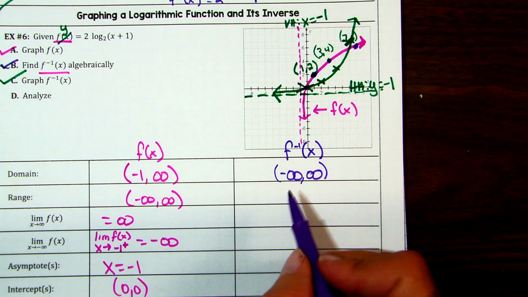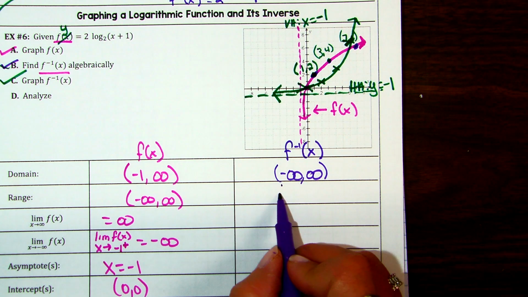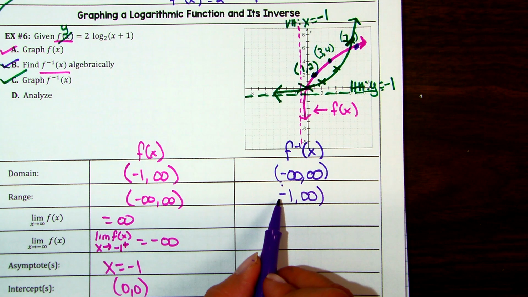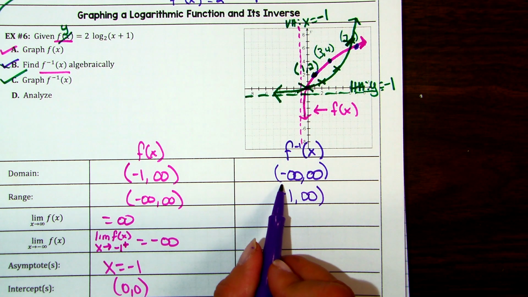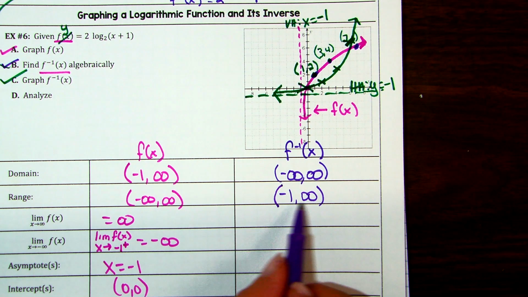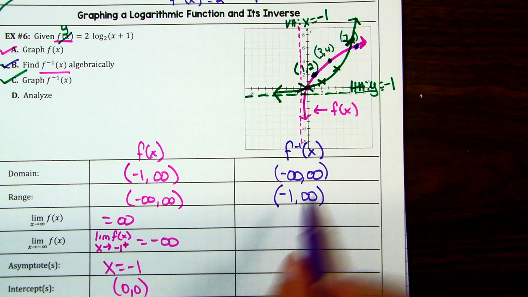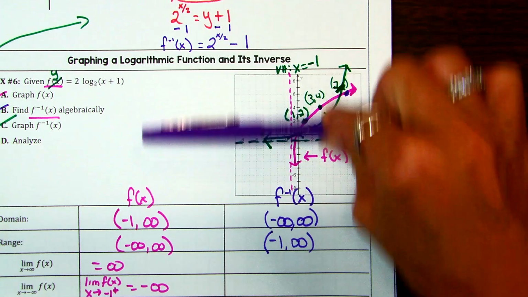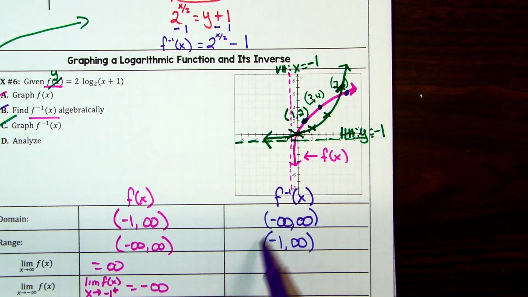Zach said -1 to infinity. I'm going to ask you two questions, Zach. Am I going to put brackets or parentheses on the -1? And does it matter what order I put these two in? Yes. Okay. Least to greatest. -1 to infinity, not including the -1.